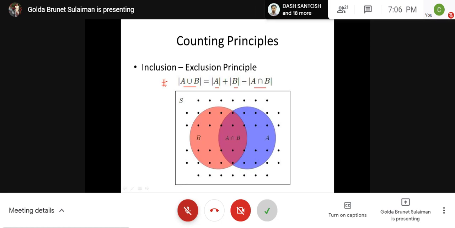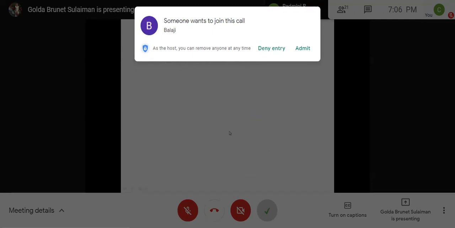And when you add the cardinality of B, again we consider all the elements that belong to B. So this A intersection B is added twice, one time in the cardinality of A, the other time in the cardinality of B. So we subtract one A intersection B, and that should give us the total number of elements in A union B. So this is one rule.